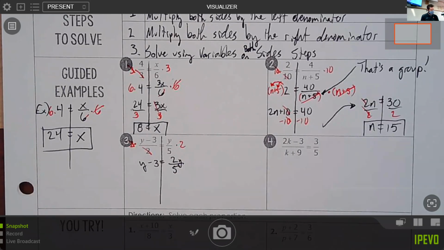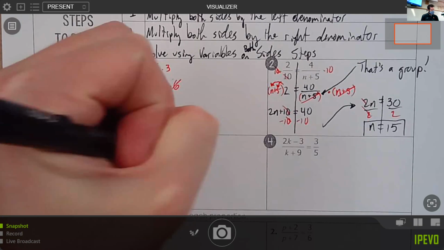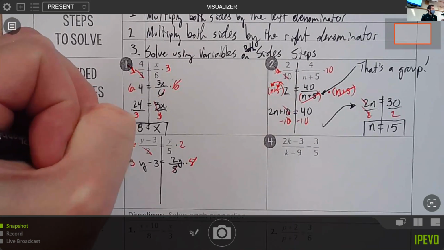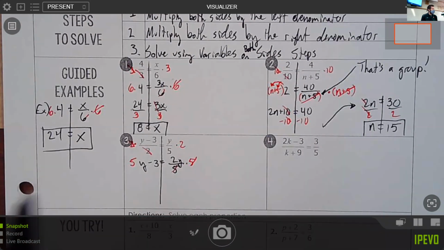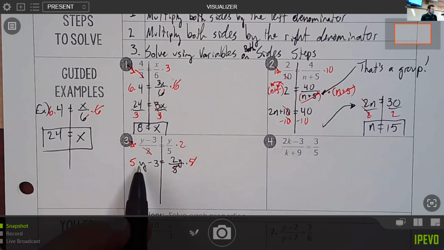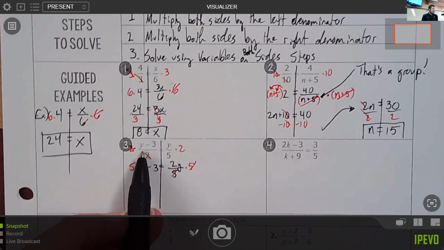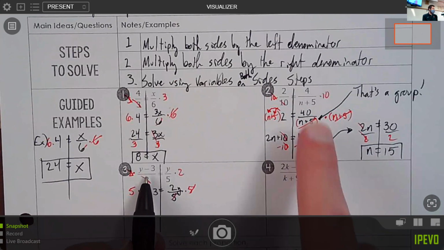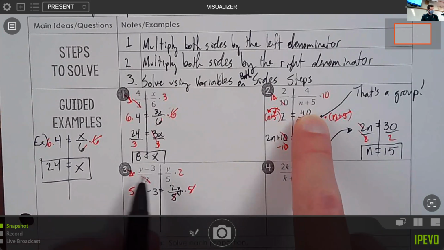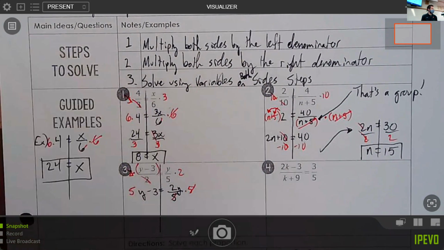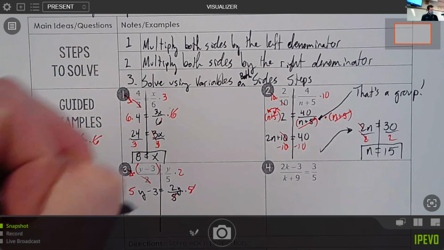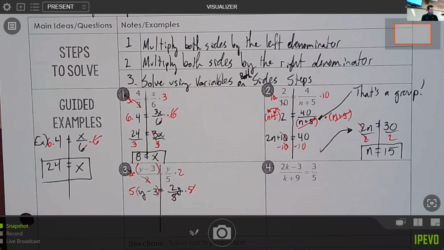What's step 2? Multiply by 5 on this one, on both sides. So multiply by the right denominator, so times 5. And when I multiply by 5 here, take a look at the original y minus 3 on the numerator. What is that? Just like on number 2, that's a group. So I'm just going to put that in parentheses to begin with, because when I multiply it by 5, I have to distribute.